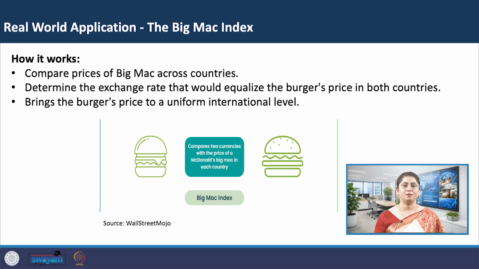Similarly, the Starbucks Tall Latte Index applies the same logic to another globally standardized product, that is a Starbucks latte, which is consistently prepared across all its outlets worldwide in the same way.